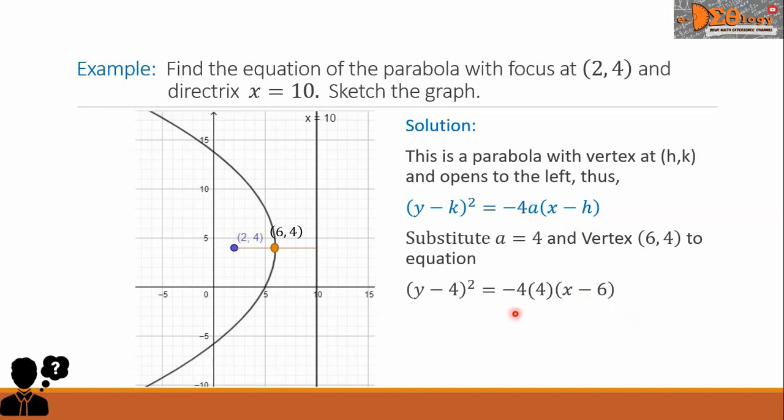Simplifying further, let us multiply negative 4 times 4. So we have now negative 16. This is the equation that we are looking for.